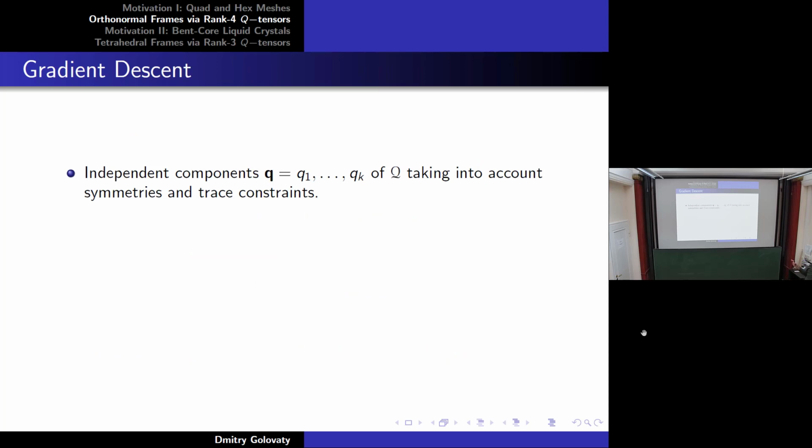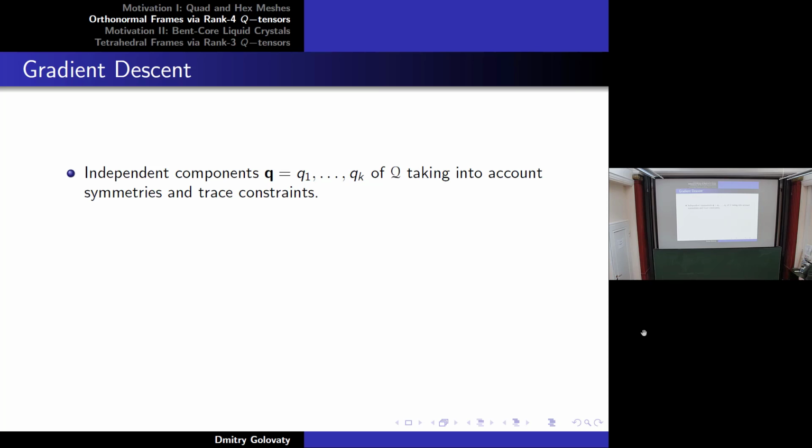Okay, so for the pictures that I'm going to show you, in the beginning we tried to understand exactly what the structure of the minimizers, or local minimizers, or stationary points for this energy functional would be. So we tried to run a gradient flow for this energy. Now recall that in this case we have 9 independent components for the tensor Q when this tensor belongs to the manifold of frames.